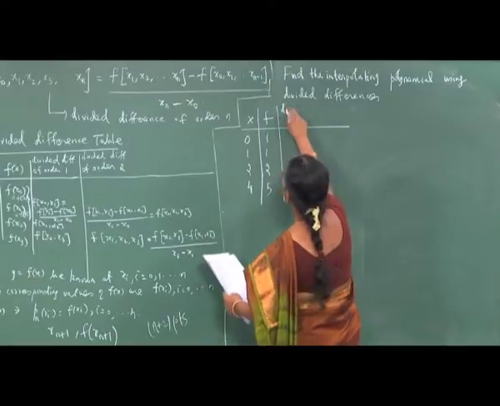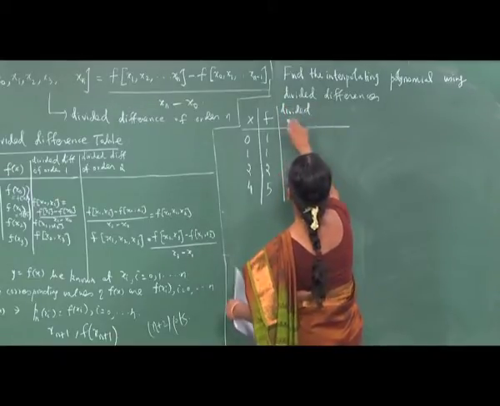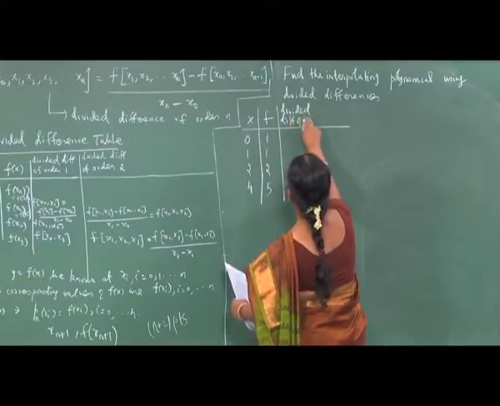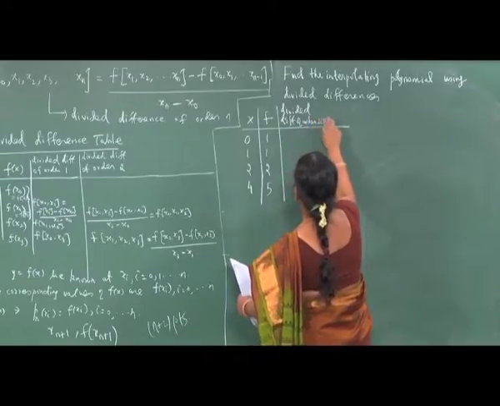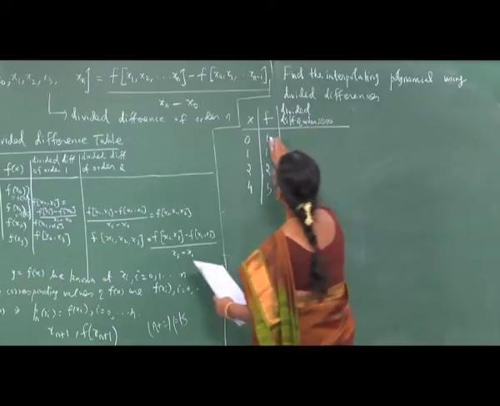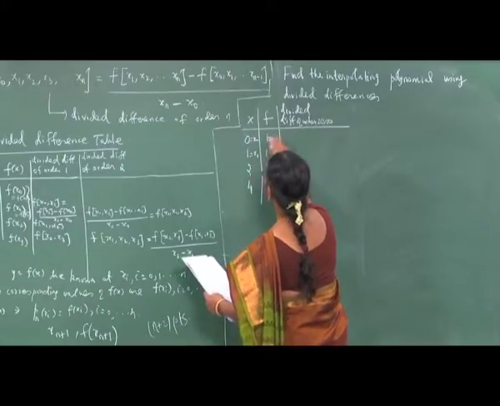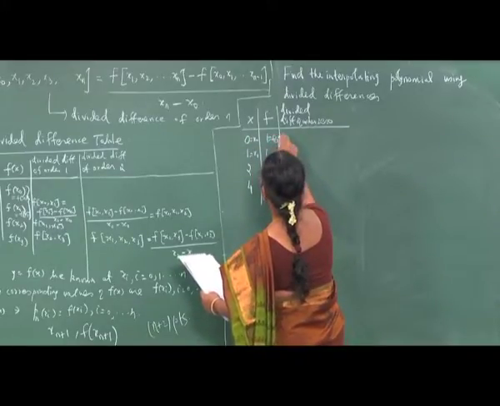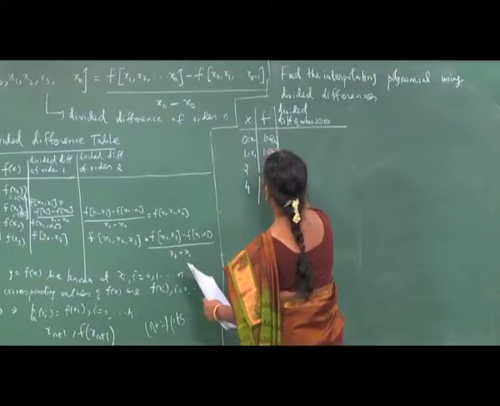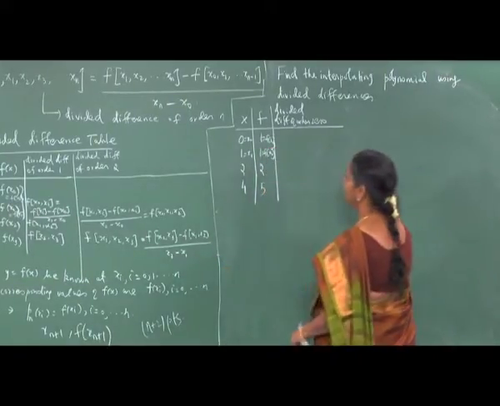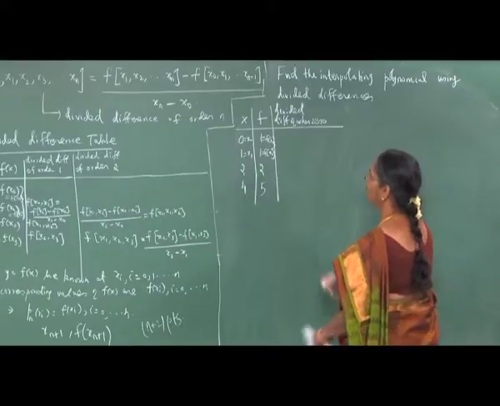So, I form the divided differences of order 0. This is our x naught, this is x1. So, this is our 0th order divided difference f at x naught, this is the 0th order divided difference f at x1.